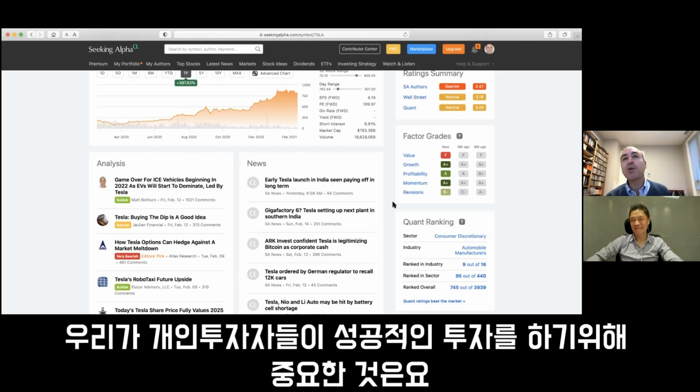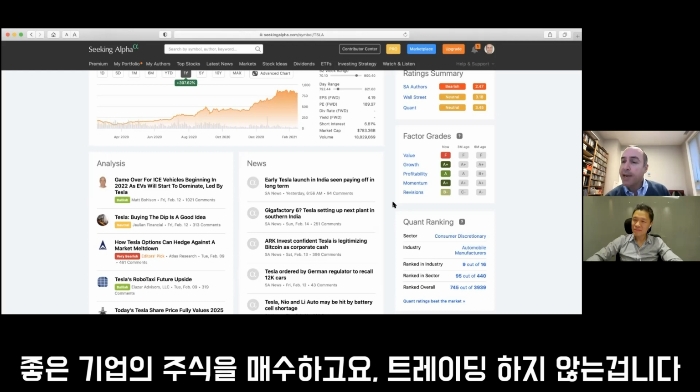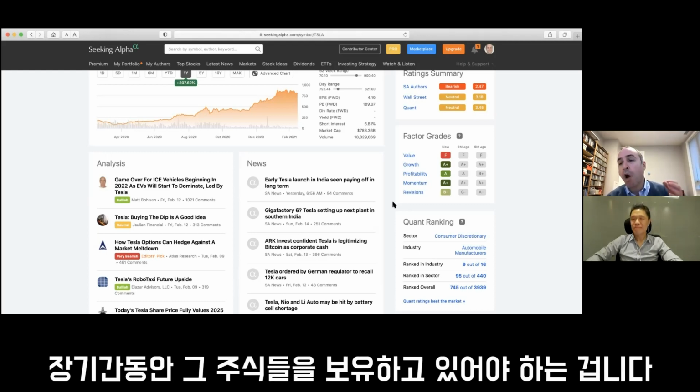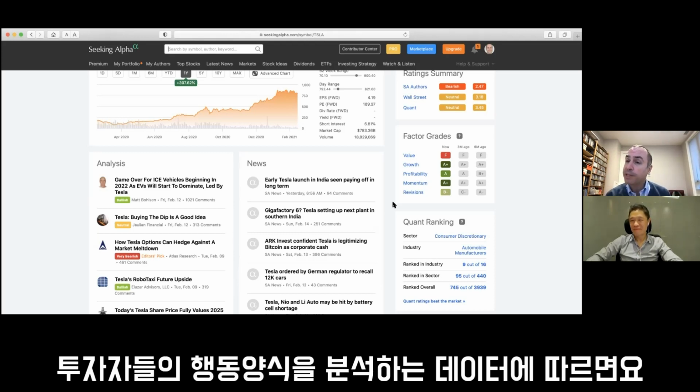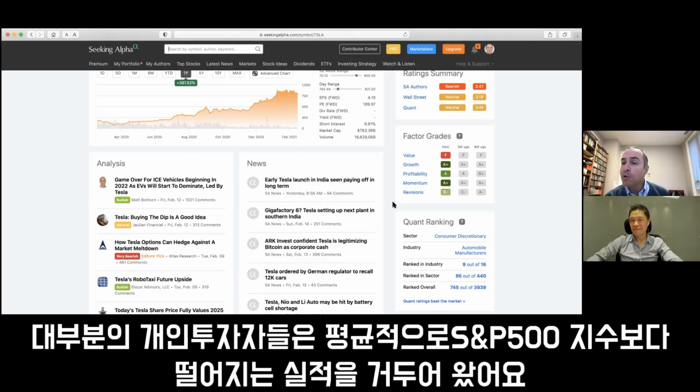So the key to successful investing for individual investors is to buy good stocks and not to trade them, but to hold them for long periods of time. We know, for example, from the data about investor behavior that most individual investors underperform the stock market on average.